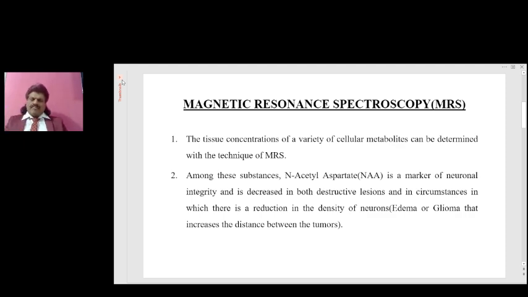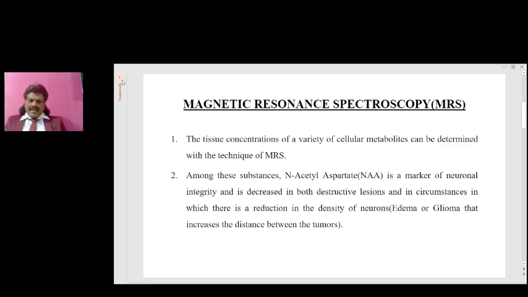So what are these substances? What are these chemicals, these metabolites, which can be detected?